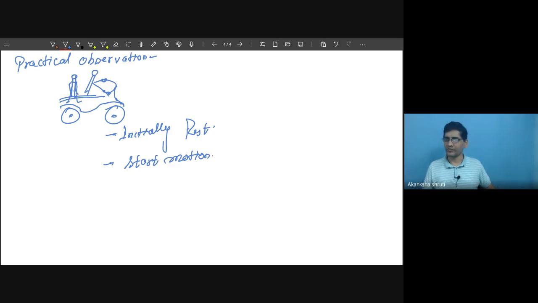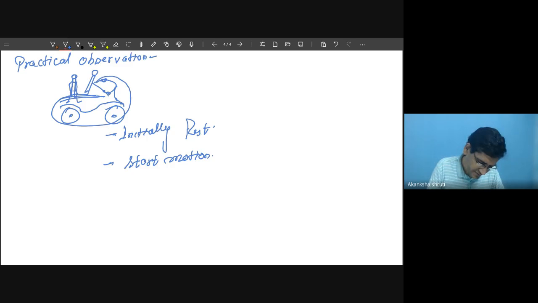You might have observed, if you are on the back side, that once the bike is started, your head leans backward or gets tilted backward. Why so? A student, it is because once this bike starts, this fellow along with the bike will start moving.